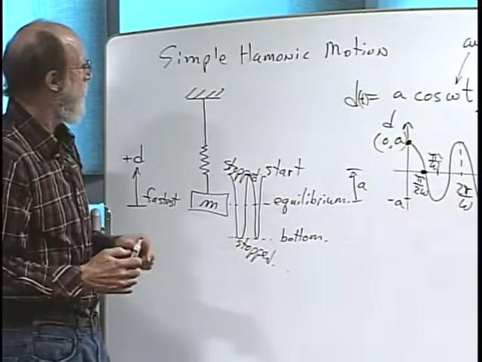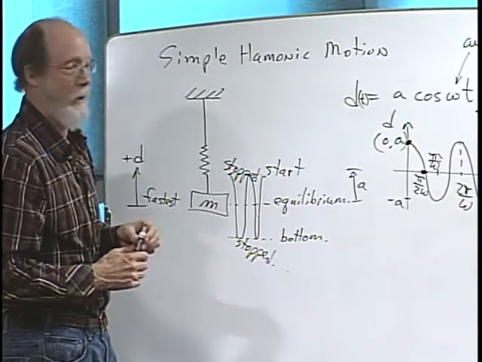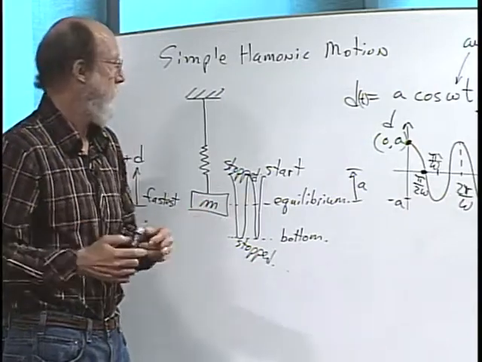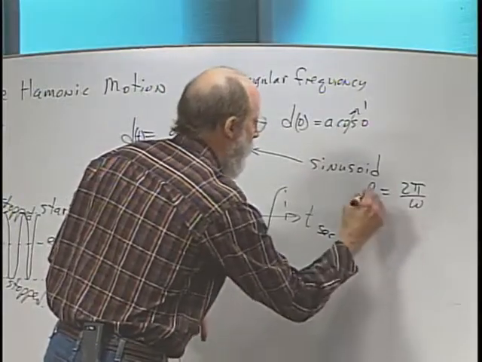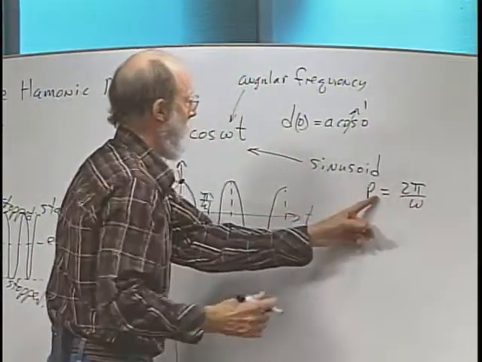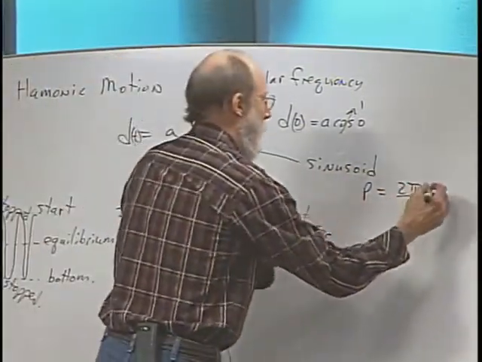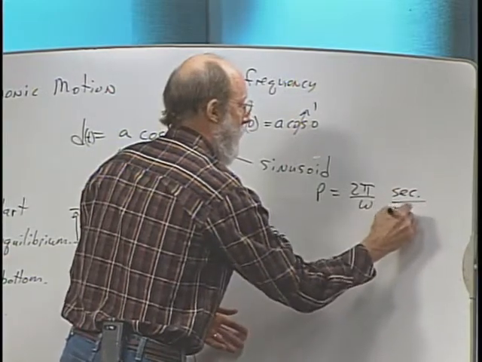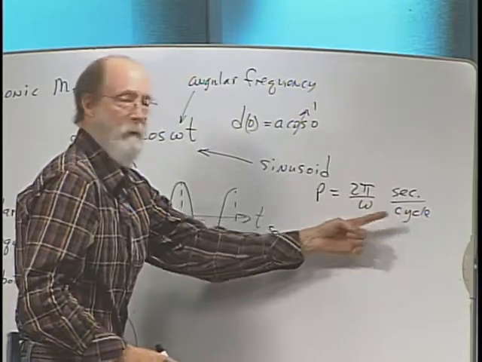So that's a simple example of simple harmonic motion that, like I said, you'll see in physics, or you might see in an engineering course. There's another important thing. If you want to know what the frequency is, first of all, think about what period means in the sense of time passing. The period is a certain amount of time. This could be something like seconds per complete cycle. It takes that much time to complete one cycle.